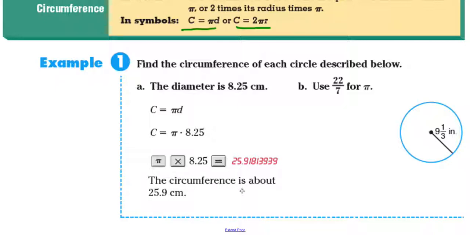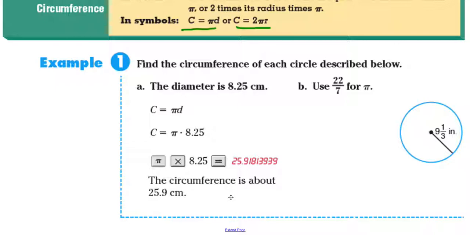Remember why it is just an approximation? Because the value of pi is a non-repeating, non-terminating decimal. That means it will never end. So we're basically finding the approximate value of pi and multiplying it by the diameter. When you talk about circumference and area of a circle, you're just approximating.